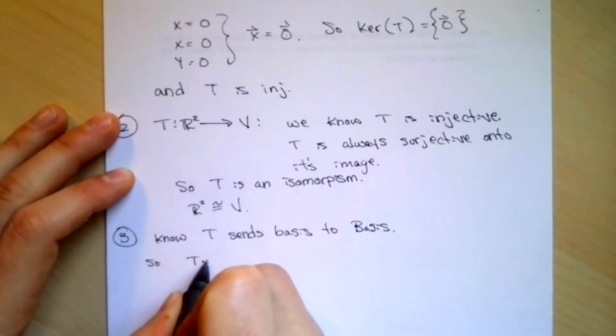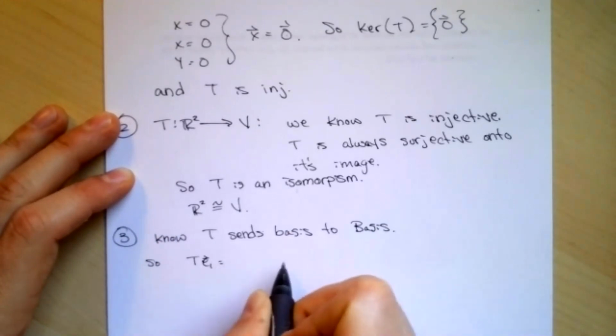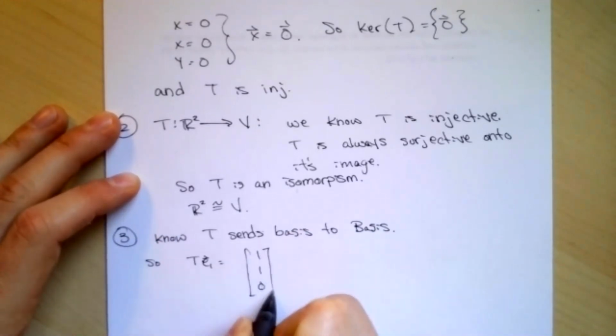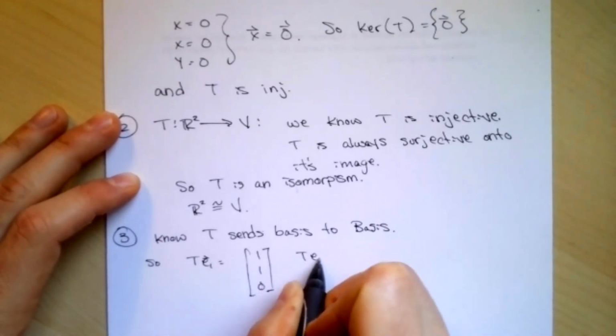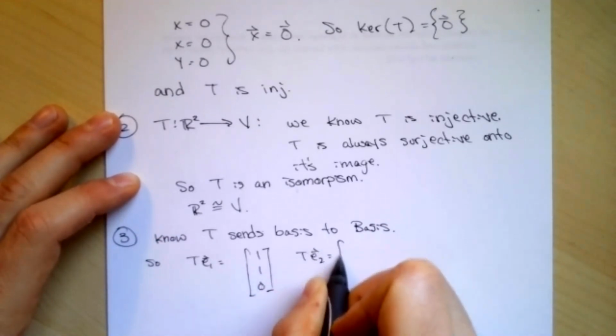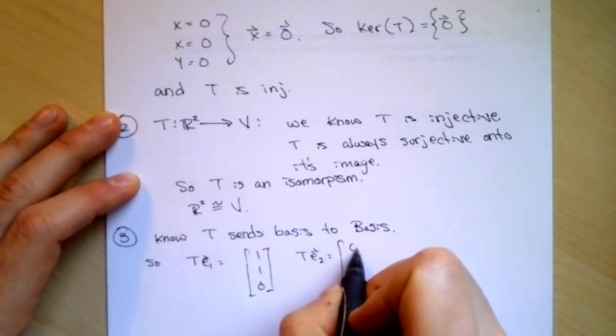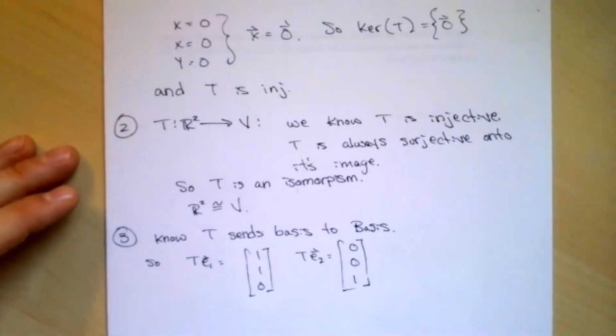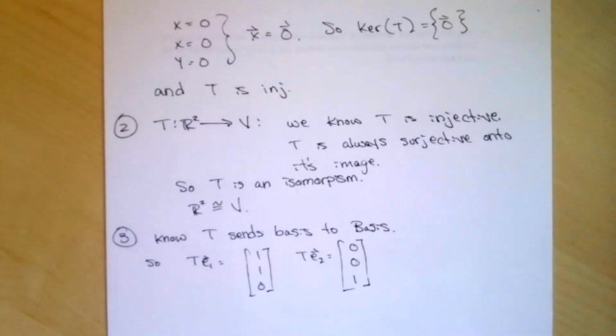So T of E1, we know is going to be the first column, and T of E2 will give us the second column. And so this is kind of a nice result. There's some subtle things going on here.